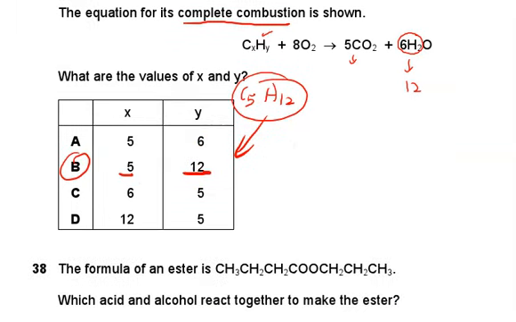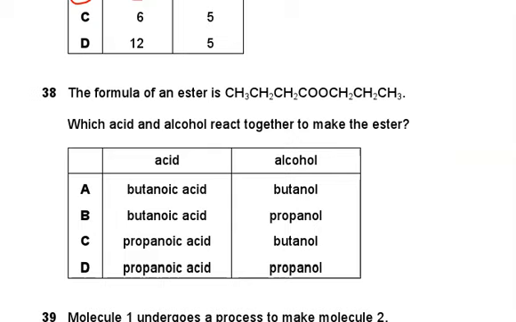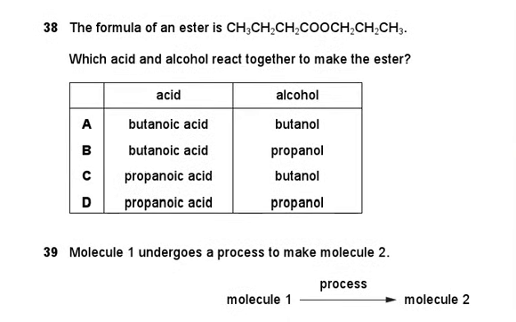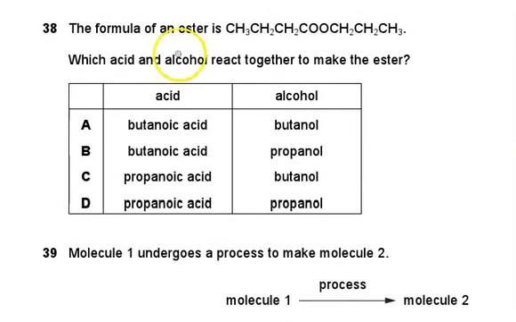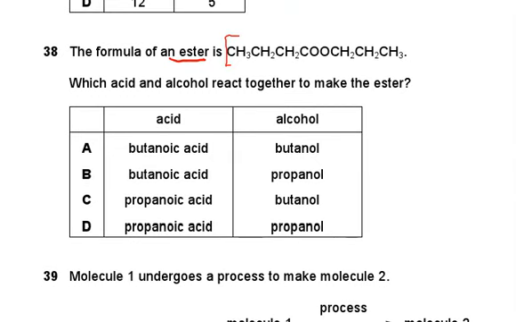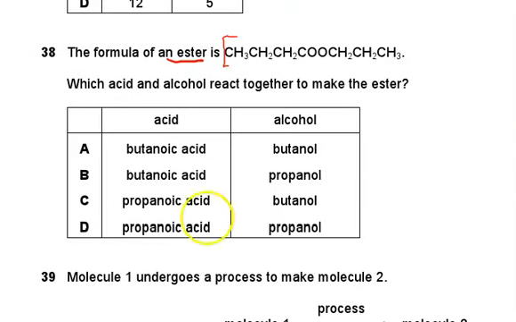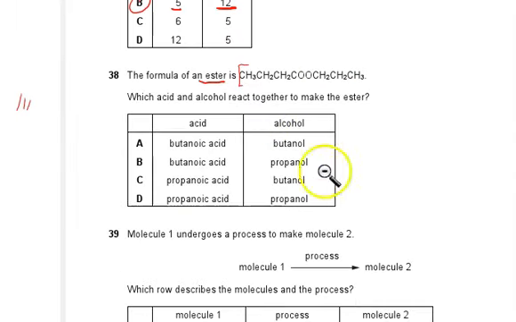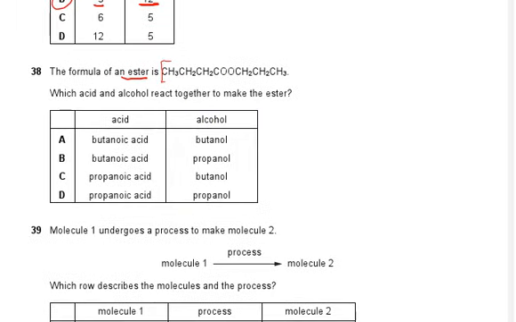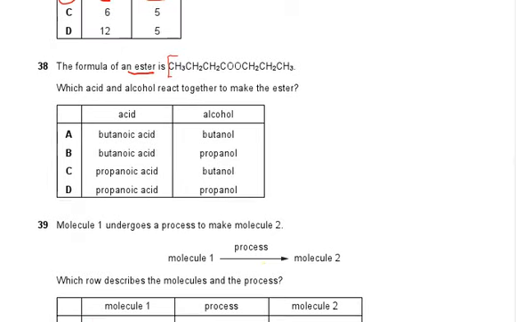Now let us look at number 38. The formula of an ester is this. Ester is a combination of a carboxylic acid and alcohol. Let me make it smaller so I can give you more explanation.